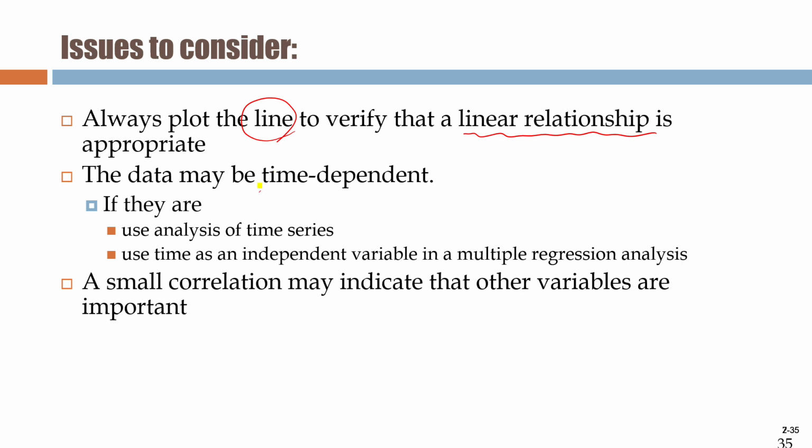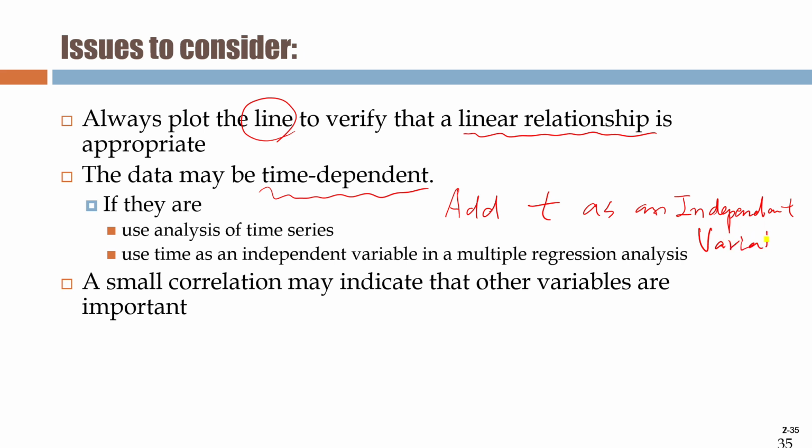Or sometimes it's time dependent. So as time goes by, something keeps moving. Then what you can do is add t as an independent variable. In that way you can do it, or you can do the time series.